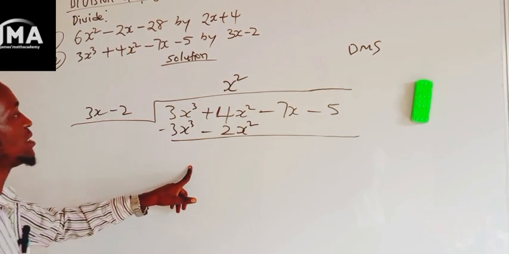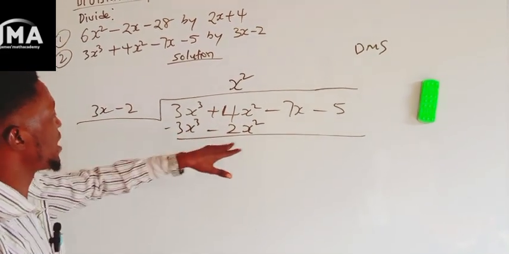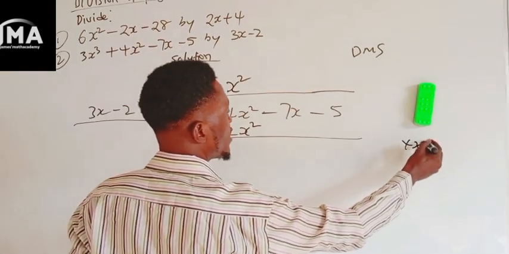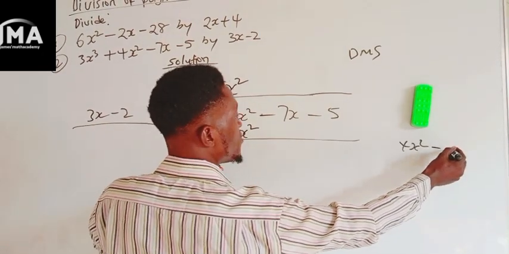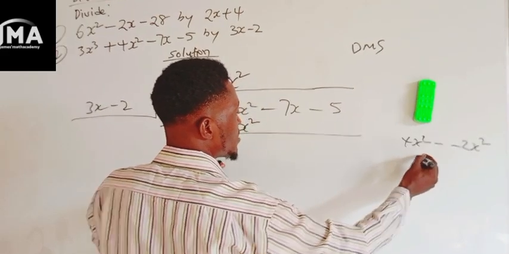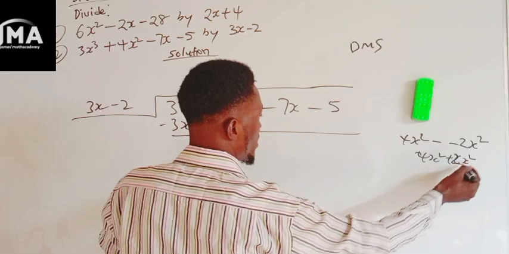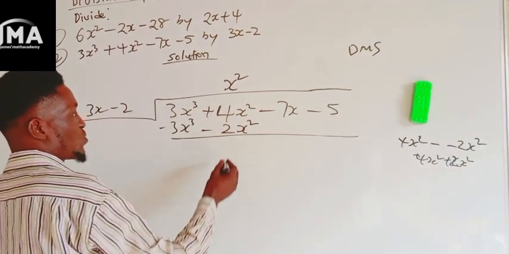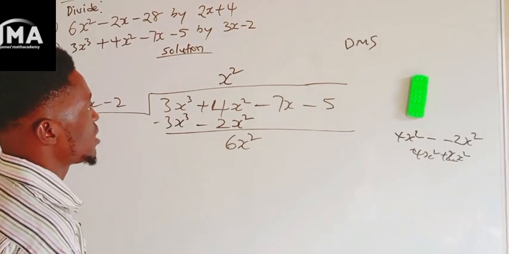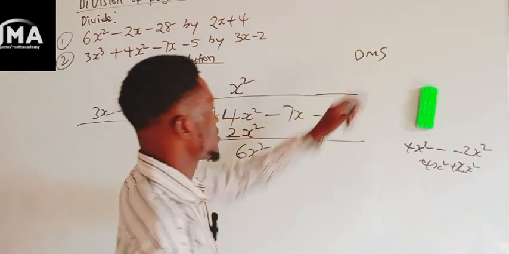So there's no point in me writing it. 4s squared minus minus 2s squared, so it's 4s squared plus 2s squared. So everything is going to be 6s squared. Okay. So I'm done with my subtraction, isn't it?